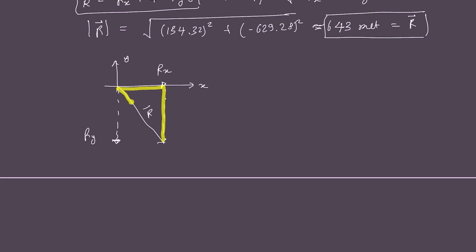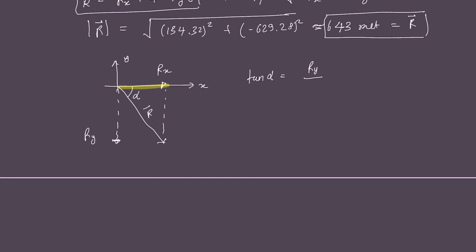In this triangle, this is a right angle, right? So we can use the trig function. If I call this angle alpha, we can use the trig function tangent of alpha, which will be equal to opposite, and that side is Ry, divided by Rx, because the adjacent is Rx.